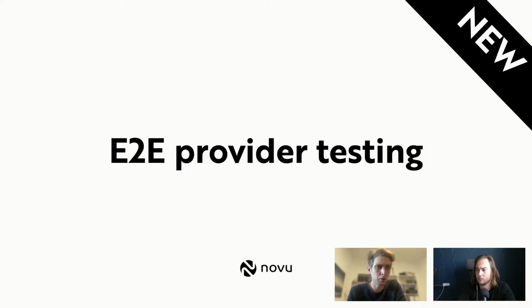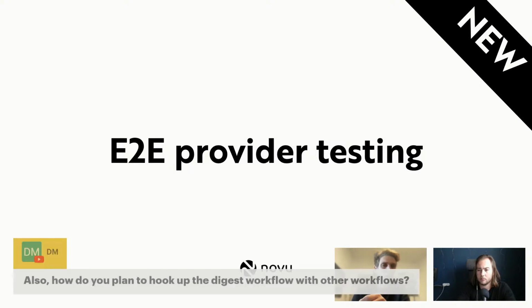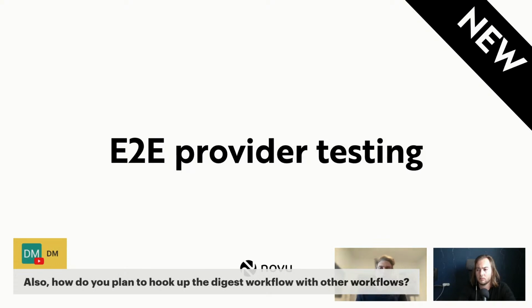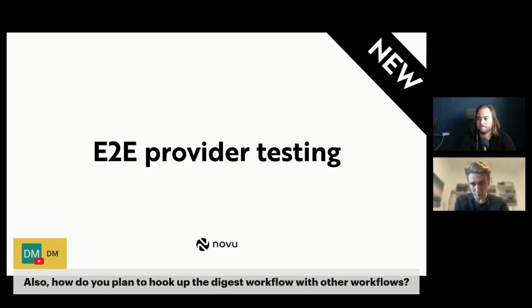And just for the second question asked by DM, how do we plan to hook the Digest workflow with other workflows? What we're trying to do, and this is our working thesis, is to be able to point from one workflow to another workflow, to create those kinds of chunks. We're not finalized on how it will actually look and feel.